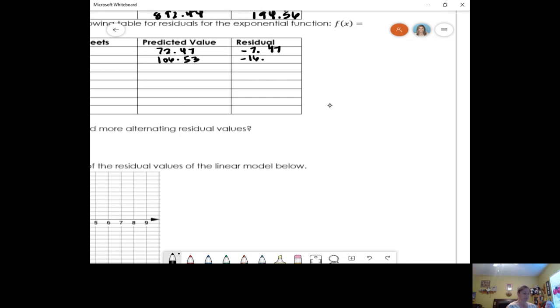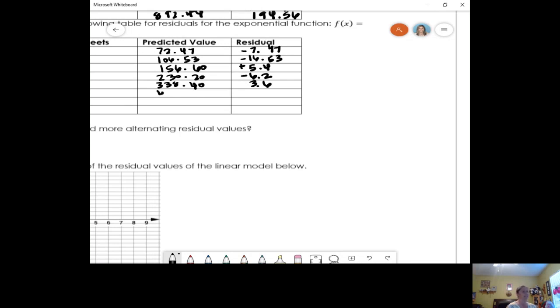Subtract it, and I get negative 1.53. The next gives me 156.60, so that gives me positive 5.4. Substitute in 4 and we get 230.20. Subtract it, I get negative 6.2. Substitute in 5, I get 338.40. Subtract it and I end up with 3.6.